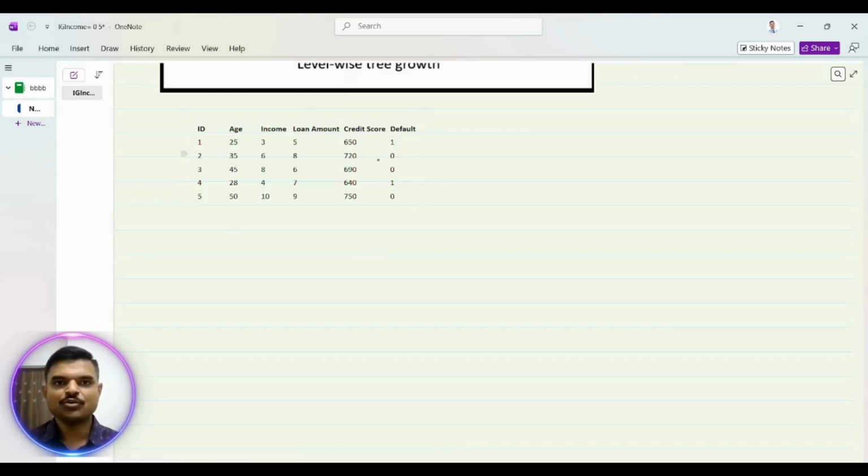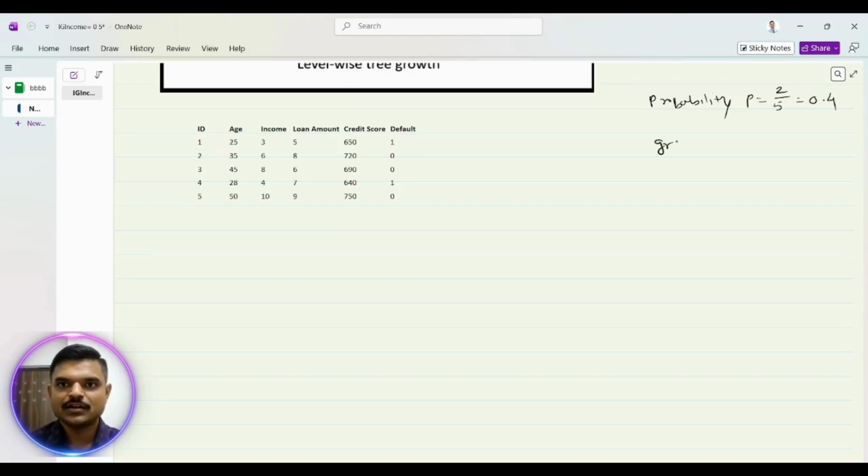So here we are going to use various terms, like one is probability. P is equal to 2 by 5: we have two defaulters and three non-defaulters, total are five. So 2 divided by 5 is equal to 0.4.